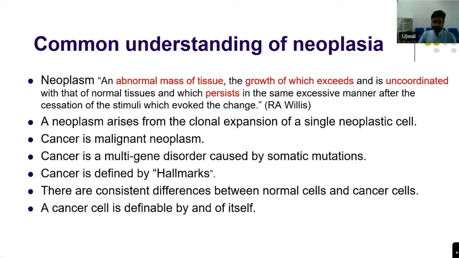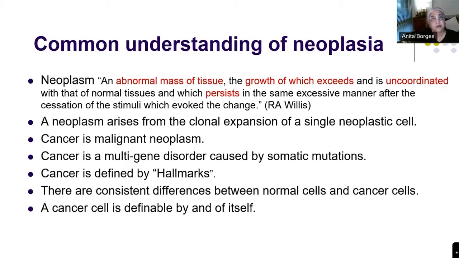Growth is a very important part of this, and by growth we mean that there are a whole lot of cells, and that growth exceeds and is uncoordinated with that of normal tissues. And even more interestingly, most of our definitions talk about this mass of tissue persisting in the same excessive manner after the cessation of the stimuli which evoked the change.